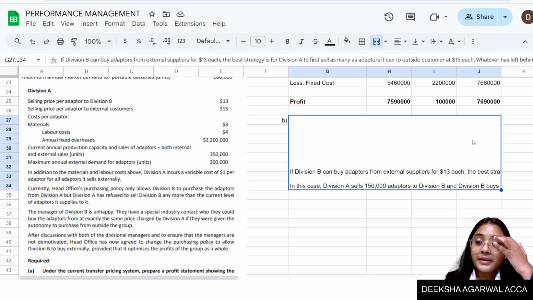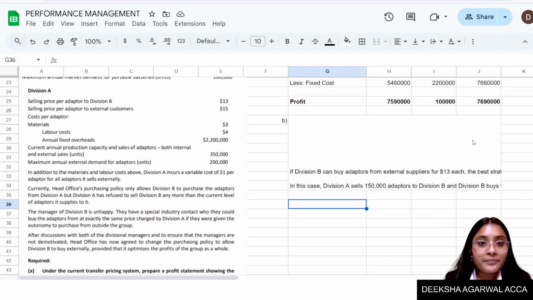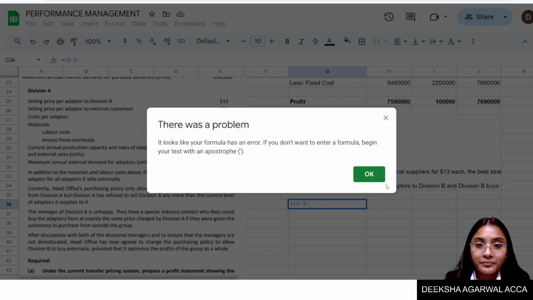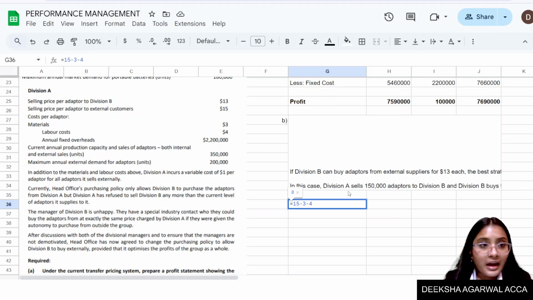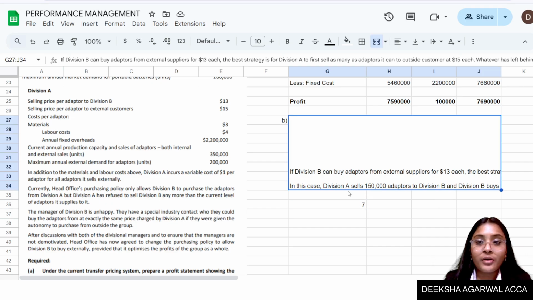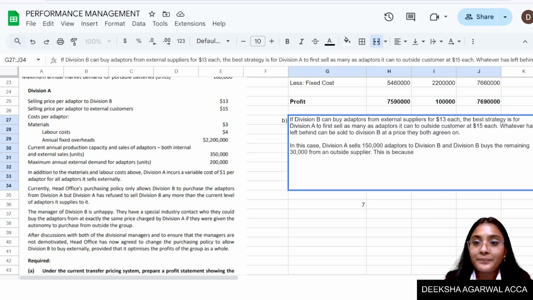From the division A perspective, that is costing them $7, right? And how much profit do they make? They make a profit of, obviously, if you look at the external supply, 15 minus 3 minus 4, and $1 extra here. One extra for external sales. We have solved above that $1 extra, even mentioned below, that an external supply you will be making.